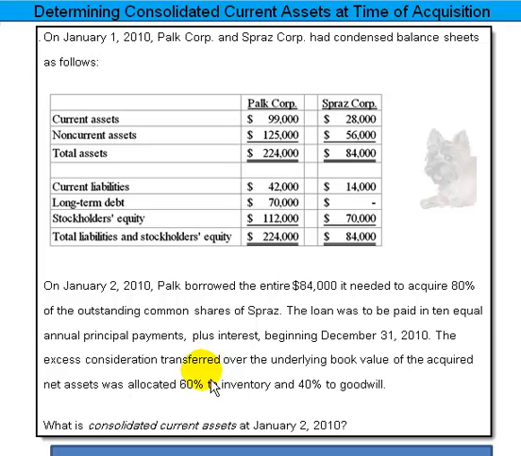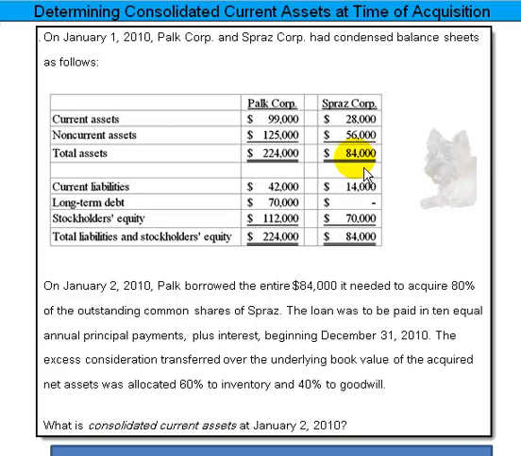The excess consideration transferred over the underlying book value of the acquired net assets was allocated 60% to inventory and 40% to goodwill. And we're asked to determine the consolidated current assets at December 31st, 2010.